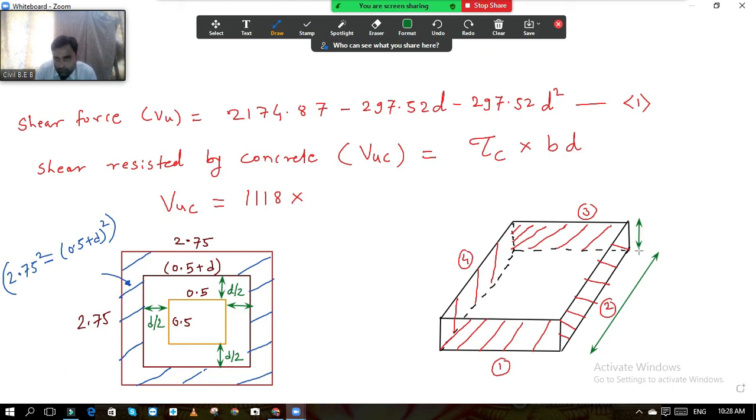This is your d, that is the depth, and this is your 0.5 plus d. This area is 0.5 plus d. हा जो ह्याच्यातनं पंच होणार आहे, इथून पूर्णपणे आत जाणार आहे, पंचिंग होणार आहे हा एवढा एरिया. This will get through this footing.